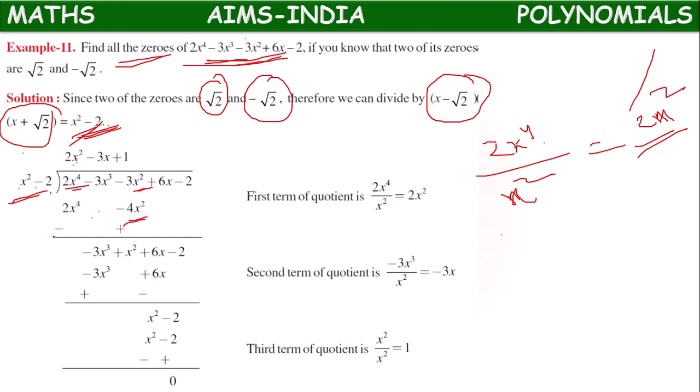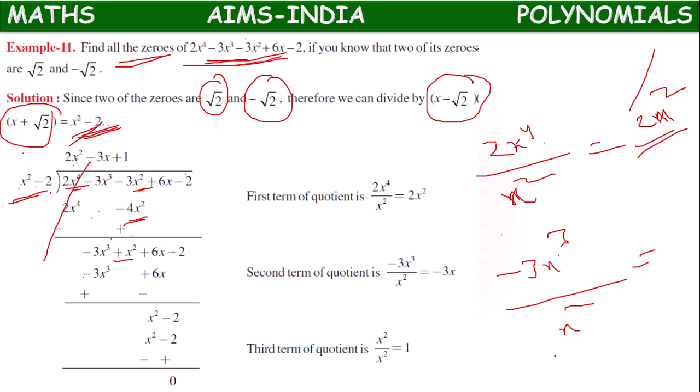Now symbols change. Minus plus, this cancels. Minus 3x cube. Minus 3x square plus 4x square plus x square. We can carry the next two terms down. Now minus 3x cube, first term, by the divisor's first term x square.